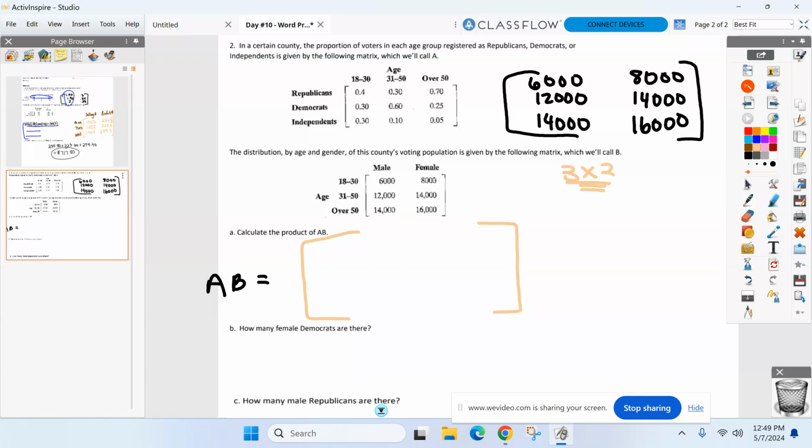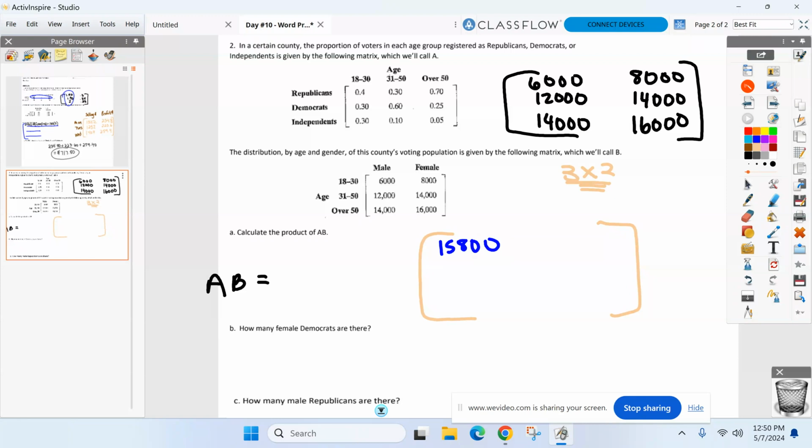How's it going? All right, here, let me throw it up here. I got 15,800, row 1, column 1.